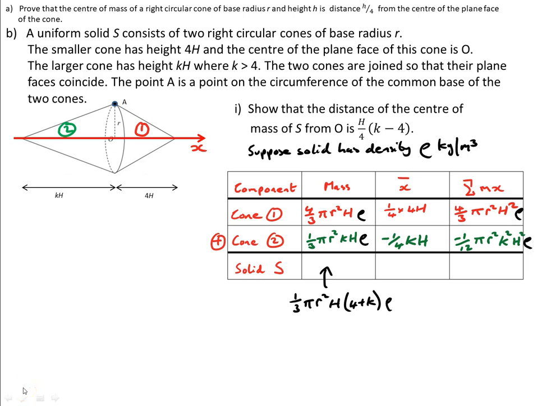Moving on to the sum of the mx's for the solid S, we have 4/3 pi r squared h squared rho minus 1/12 of pi r squared k squared h squared rho. So if we take a factor of 1/12 pi r squared h squared rho out, we end up with 1/12 pi r squared h squared times (16 minus k squared) times rho.